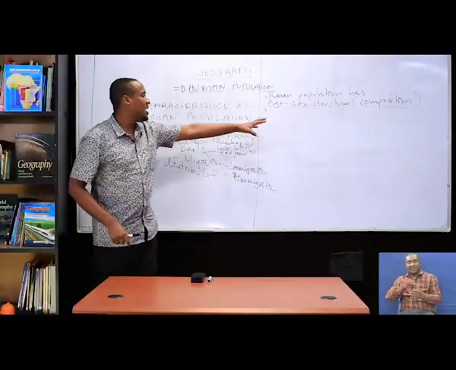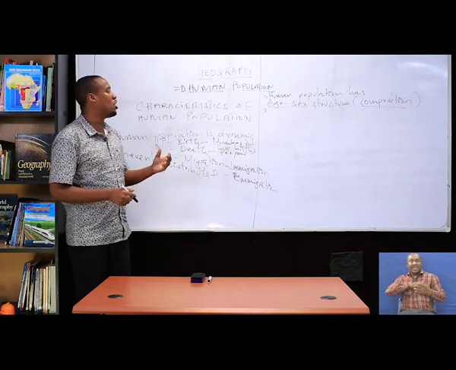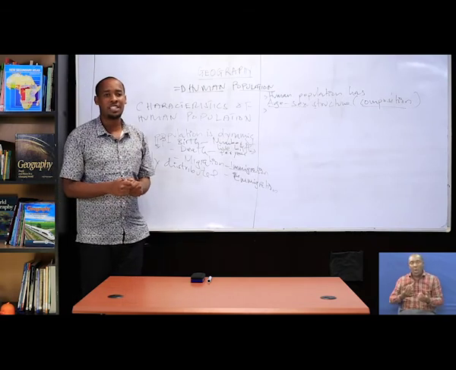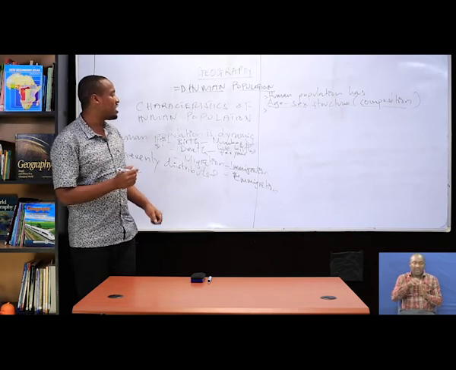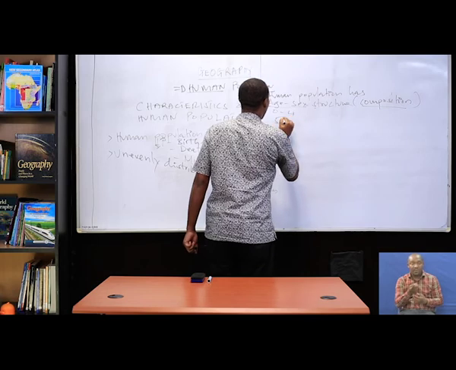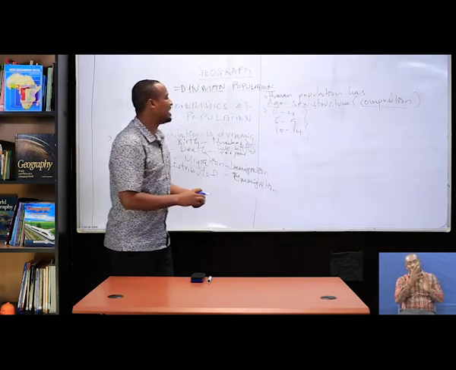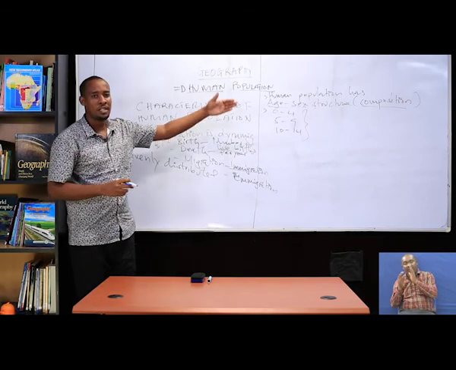Having these age-sex structures can help the government know the age of the population. For example, age groups range from 0 to 4, 5 to 9, 10 to 14, and so on. These are good examples of age groups.